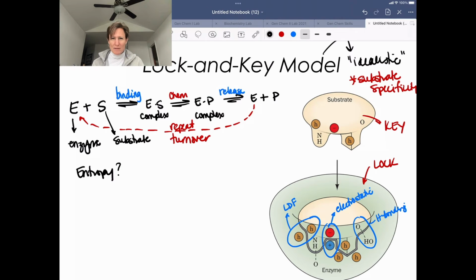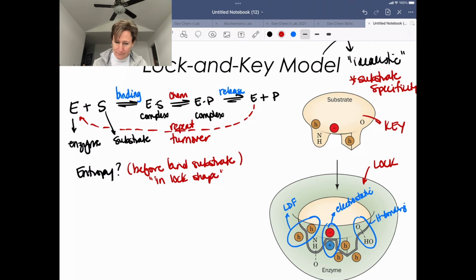So keep that story in mind as we talk here about what happens when we have an enzyme that we're asking to adopt a specific lock shape. So again, when we think about entropy of the enzyme, and this is going to be before we bind our substrate, we're saying it's in this lock shape. What we call this in terms of structure formation is we say that it is pre-organized.